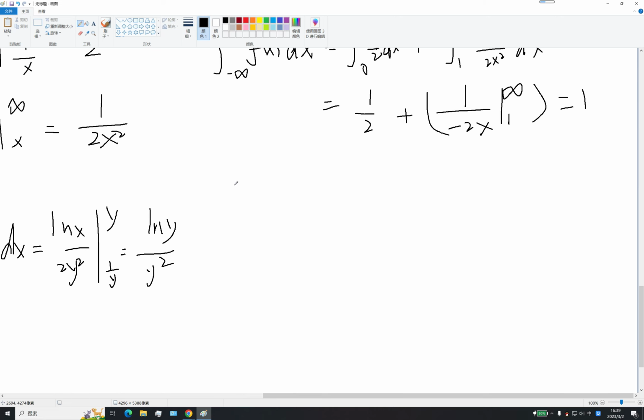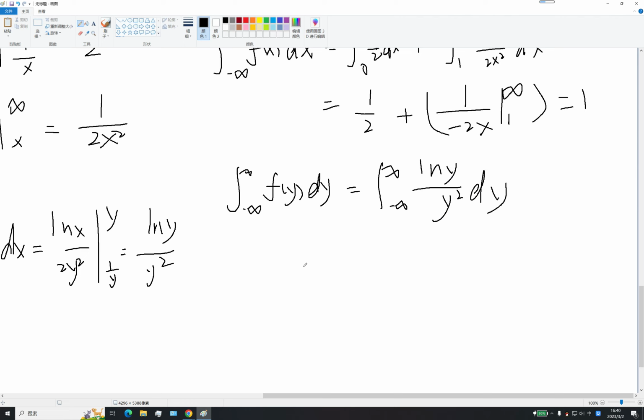And now we know that f_Y is ln y over y squared dy, because y is between 1 and infinity. So this is the integral from 1 to infinity of ln y over y squared dy.